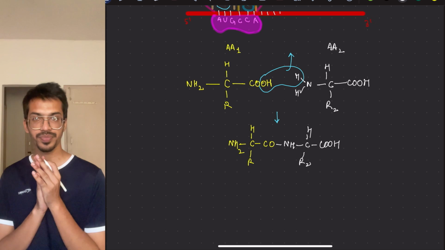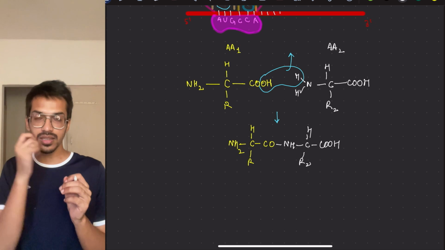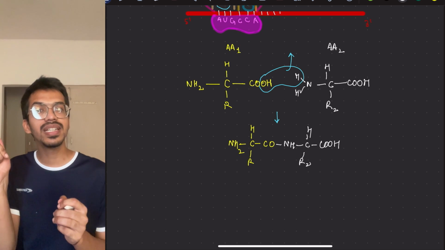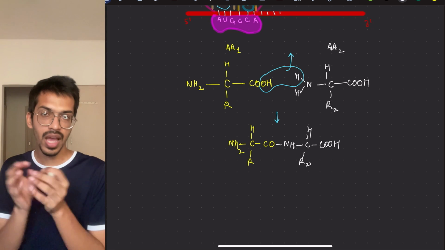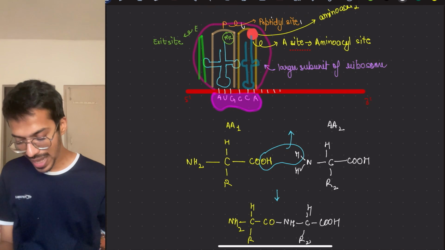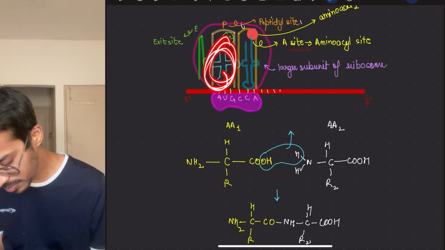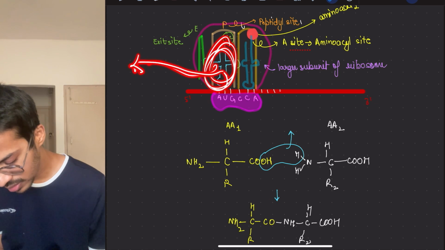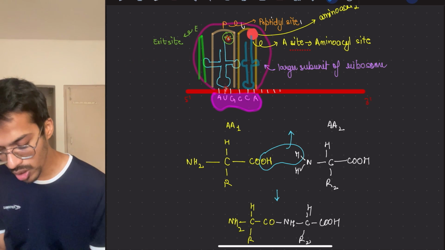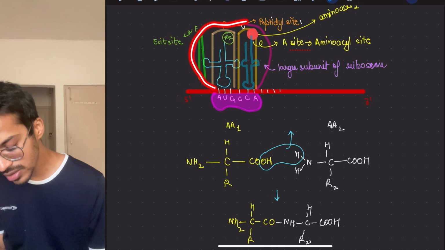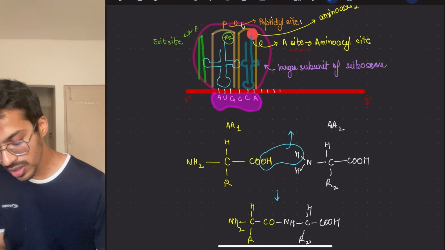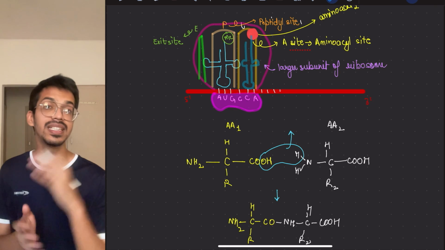This makes the bond. When this bond is being made, the bond with the tRNA will be detached. As that bond is detached, the tRNA present over here will leave because it has no bond, no connection needed. Simultaneously, this whole structure will move forward as we see in the video.